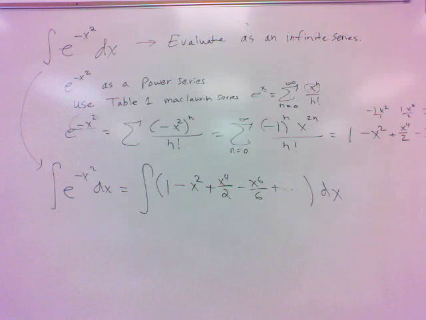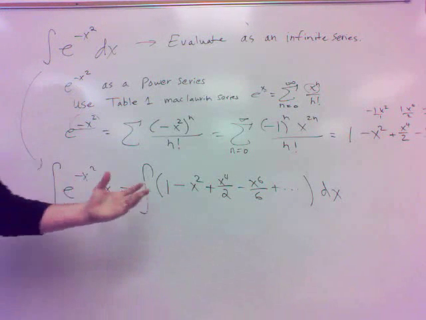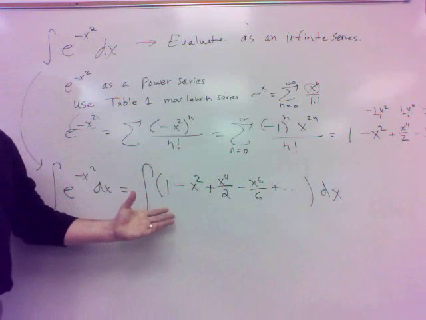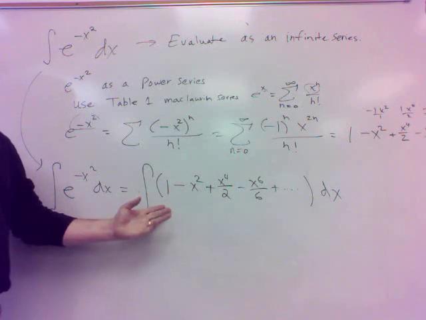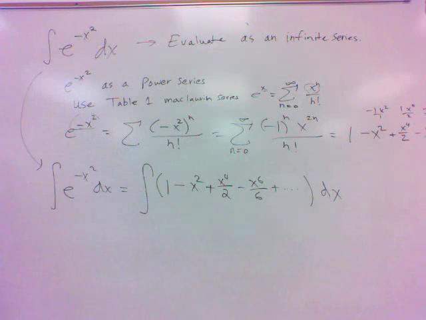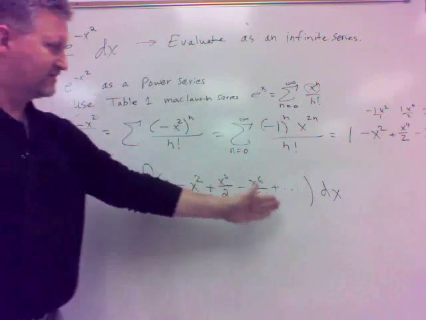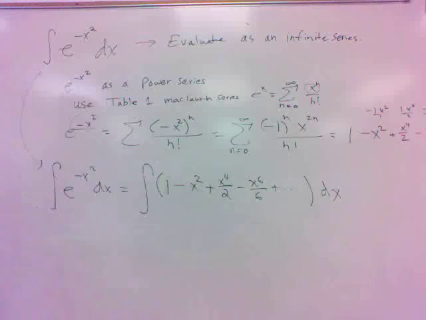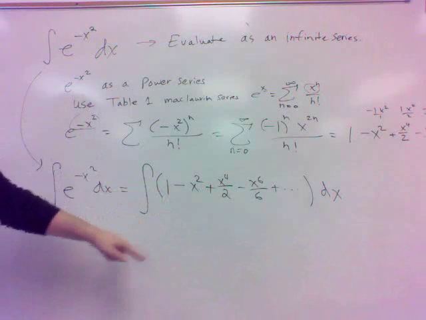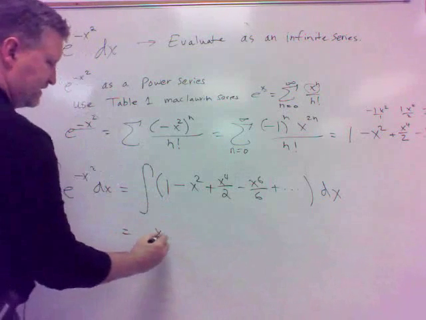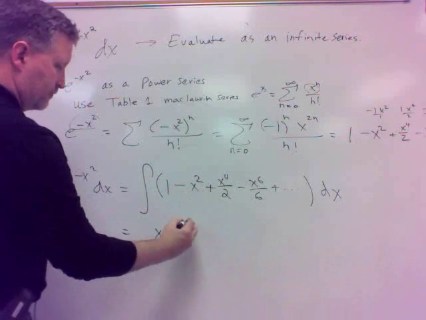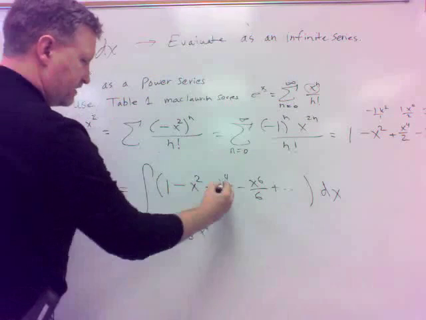Which you see is something we can do, right? We can do the integral of that, because this is just power rule antiderivative, isn't it? What's the antiderivative of that? The x. What's the antiderivative of that? 1/3 x cubed. Antiderivative of that?